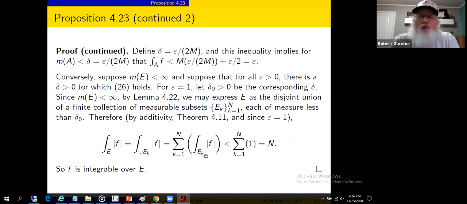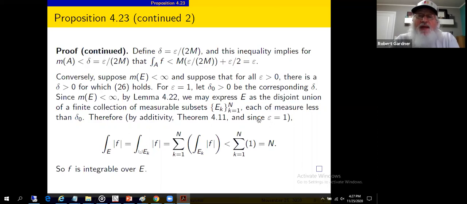And we had made this, using implication 26, less than epsilon, and we chose epsilon to be 1. So we get each to be less than 1. We're summing from 1 to N. That gives out a capital N. Capital N is some fixed number.